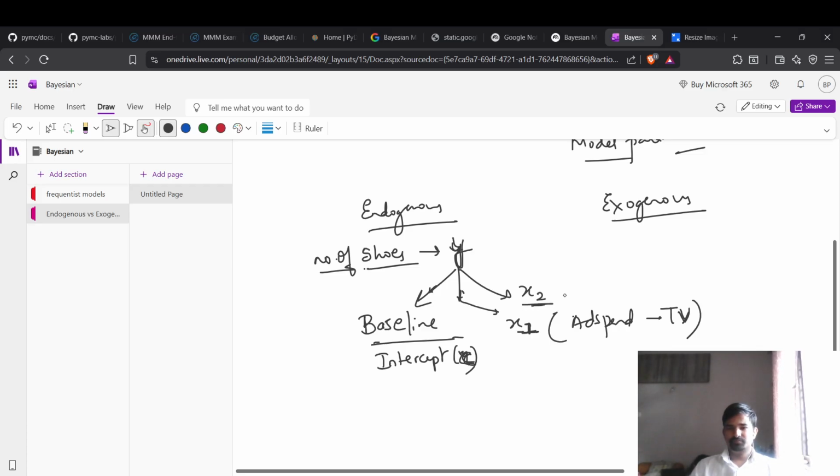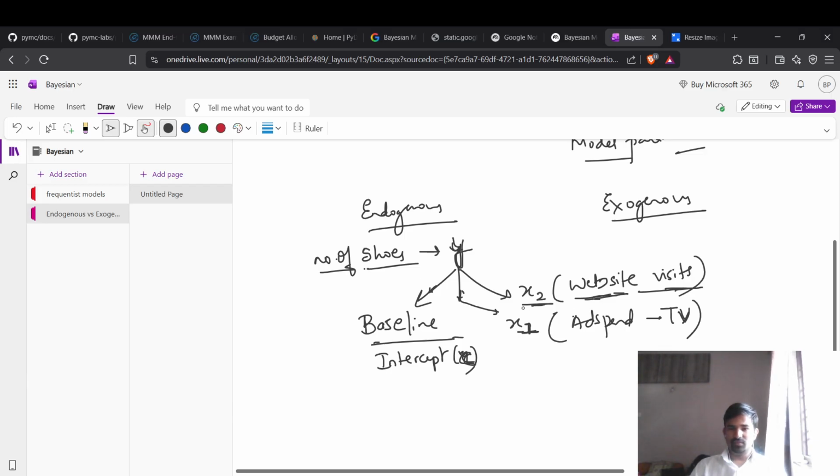Now x2, for the time being, let's just say that you also have an online store, and x2 is website visits. This could be one of the components. There is a possibility that a customer might visit your site and purchase.